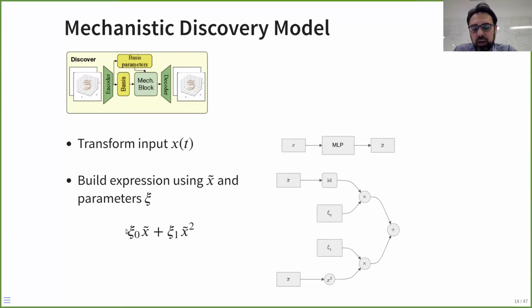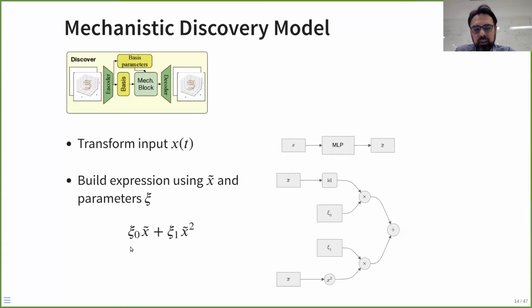This is similar to SINDy. This would form the right-hand side of the differential equation. The difference is that this can be any arbitrary differentiable expression. In SINDy, this is limited to being linear in the parameters. In our case, this can be any arbitrary differentiable expression.